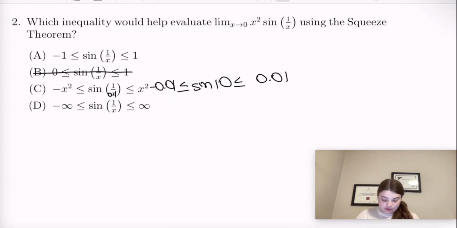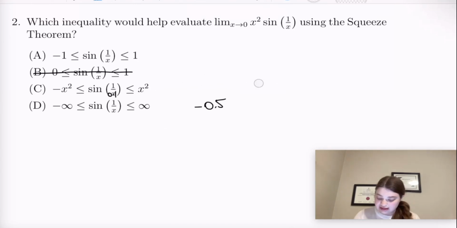And is that true? Well, no, because sine of 10 is negative 0.5 approximately. I think it's a little bit less than that actually, but clearly it's not between these two. So once again, there's values I could plug in for x that don't make this true all the time, right? And so since this is not always the case necessarily, that means that it can't be something that would help us evaluate squeeze theorem if it's not even true.